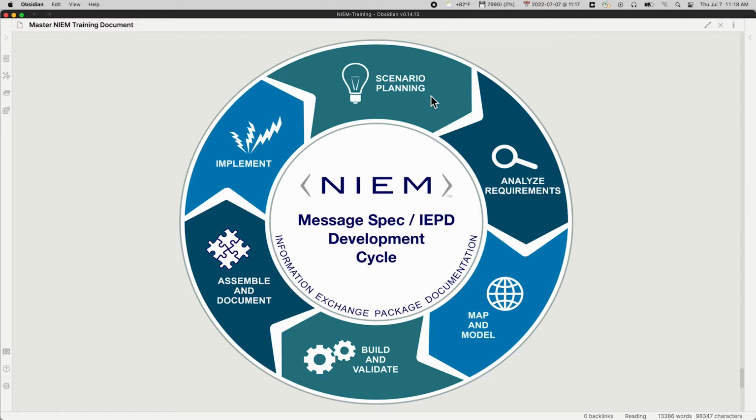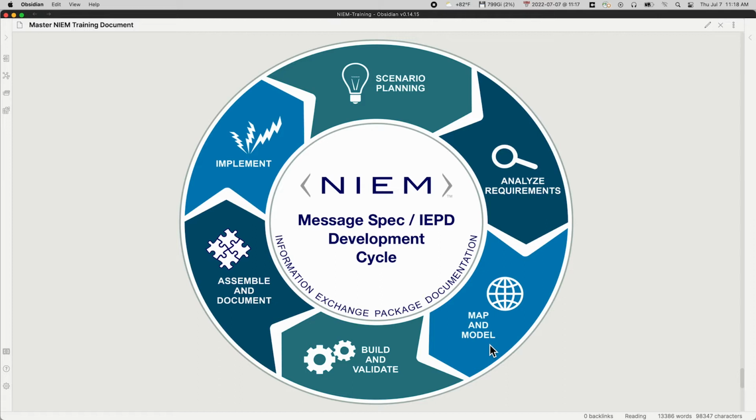But scenario planning, that's figuring out what the exchange is about. Analyzing requirements, that's figuring out what the business level requirements are. What are the chunks of data at a business level that we are going to exchange? What are the needs of the exchange? Then map and model is actually going into NIEM and finding out how to represent those business things, business requirements, as NIEM things.